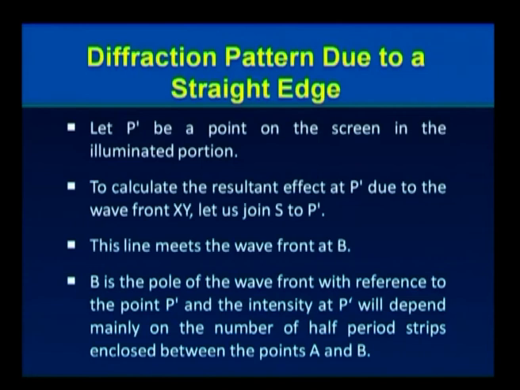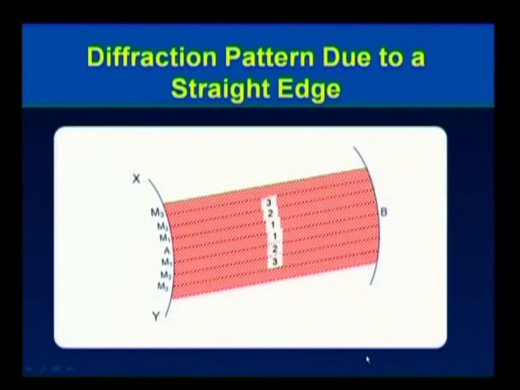Let P prime be a point on a screen in the illuminated portion. To calculate the resultant effect at P prime due to the wavefront xy, let us join S to P prime. This line meets the wavefront at B. B is the pole of the wavefront, all these things will depend. So, the intensity at P prime will depend mainly on the number of half period strips, not zones, enclosed between the points A and B. Where are the points A and B?